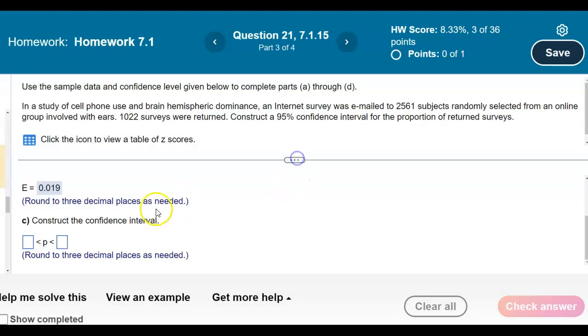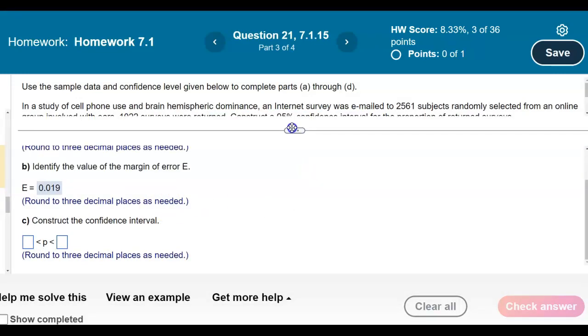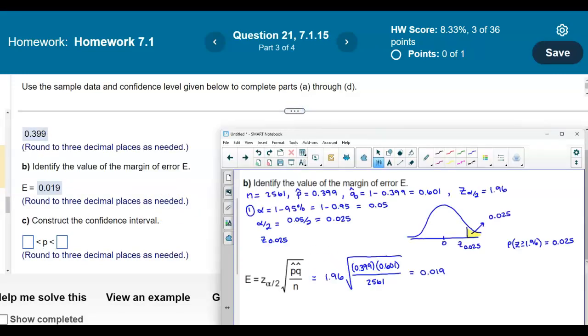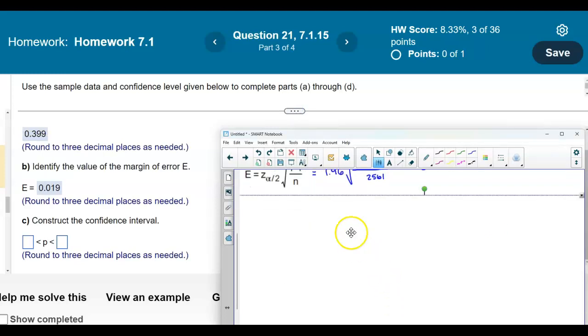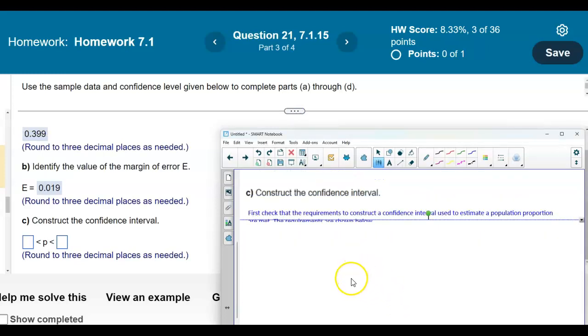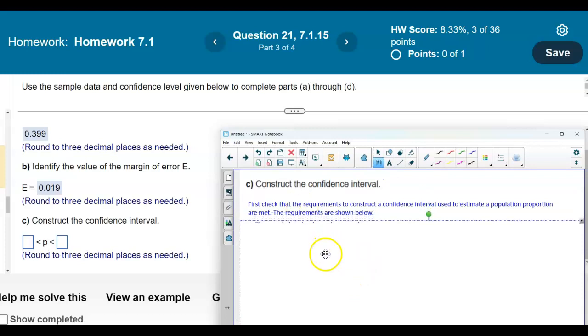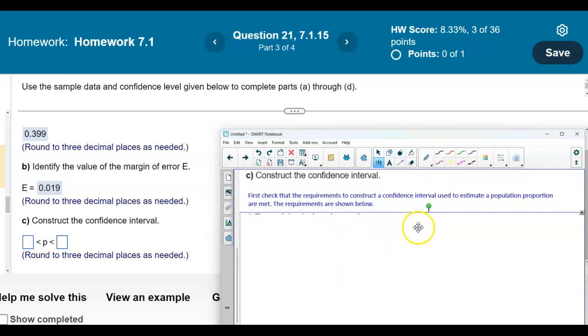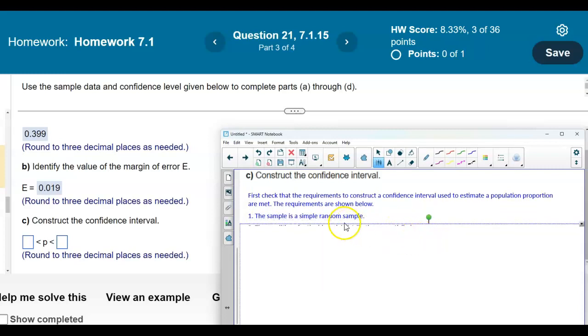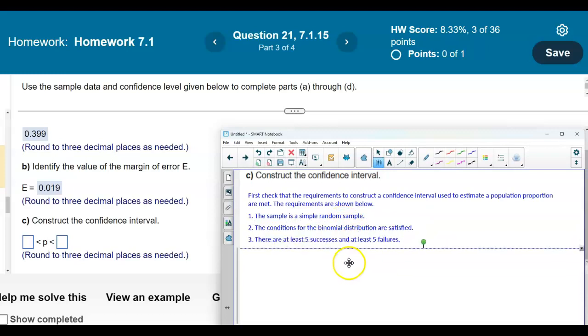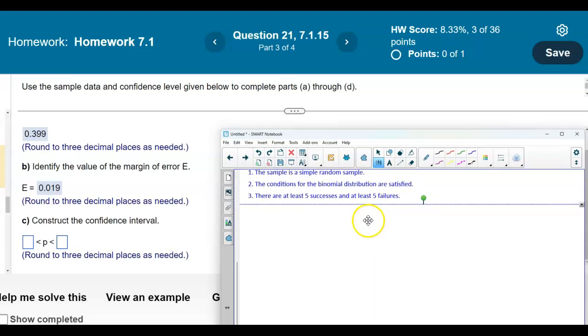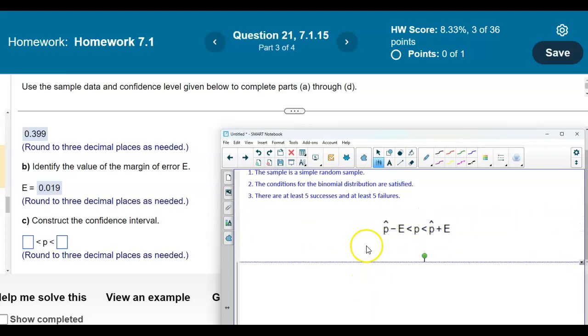Okay, now what we want to do is construct the confidence interval. Before we construct the confidence interval, we need to check the requirements to construct a confidence interval used to estimate a population proportion. We know that the sample is a simple random sample. We know that the conditions for the binomial distribution are satisfied, and there are at least 5 successes and at least 5 failures. So now we can go ahead and use the interval.